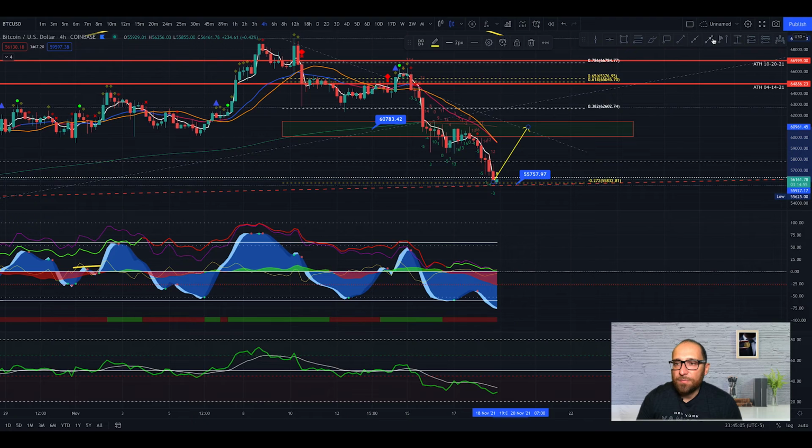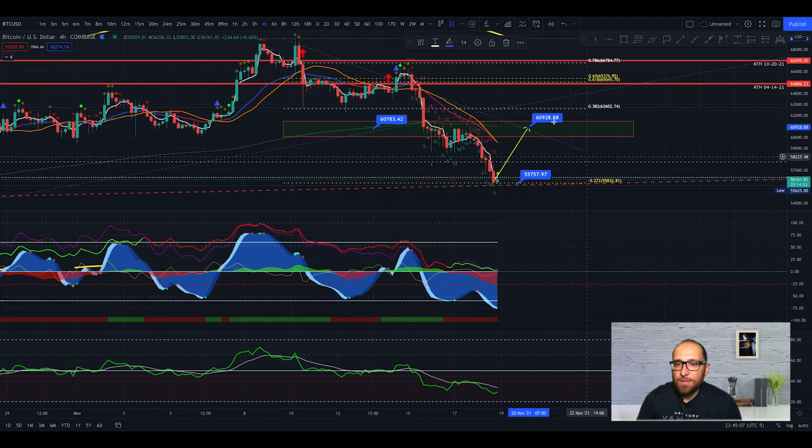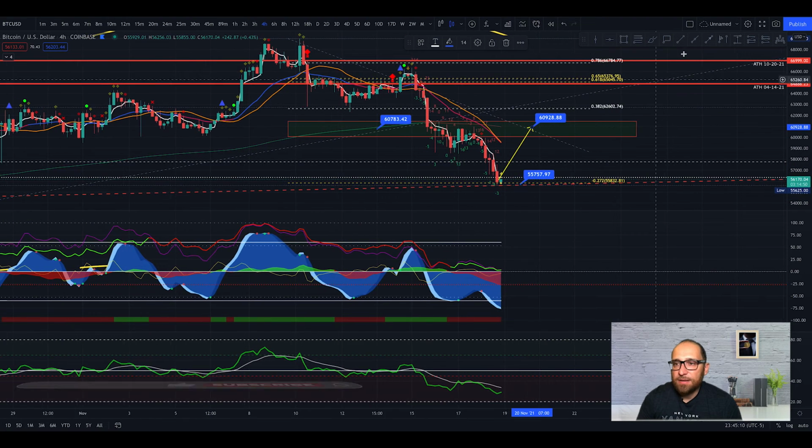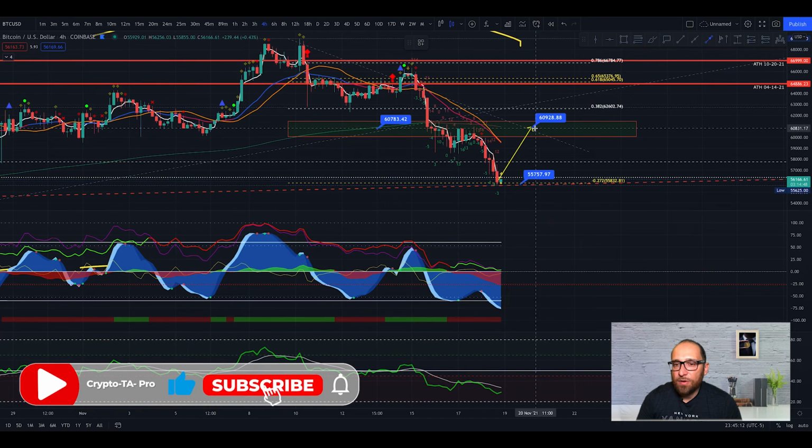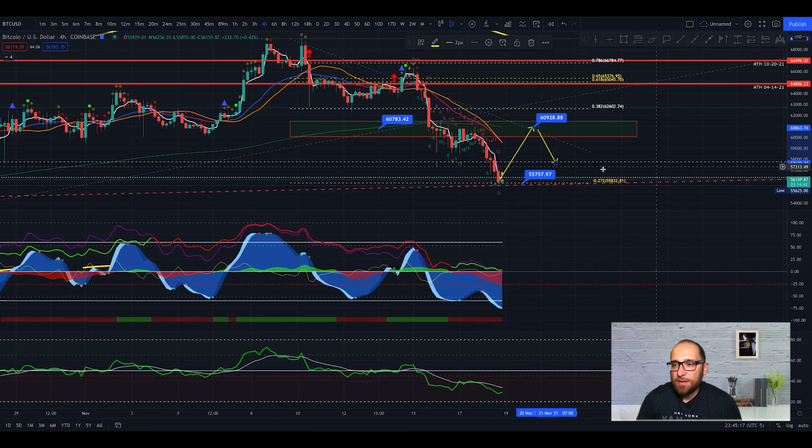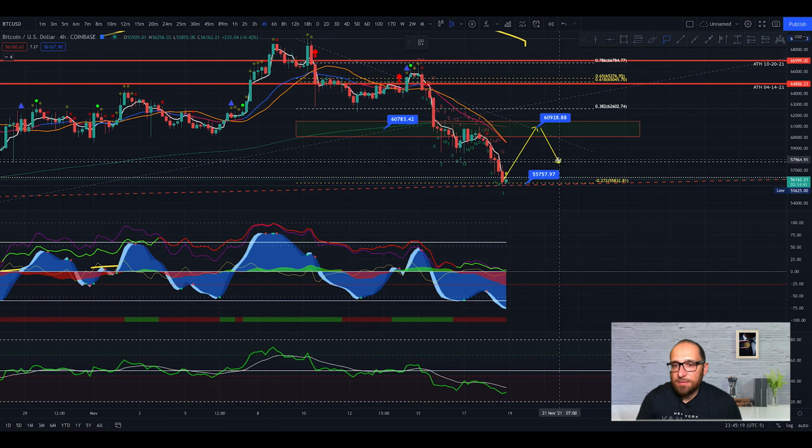I would like to see something like this. Friday afternoon retest the EMA 200 and correction another time, like this, test 57,700, and finally going another time above the EMA 200 and retest, for example, the first all-time high, $64,000.